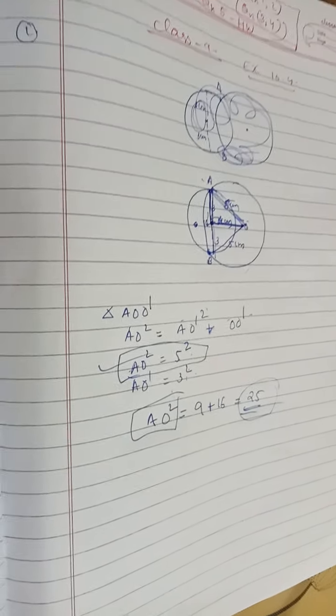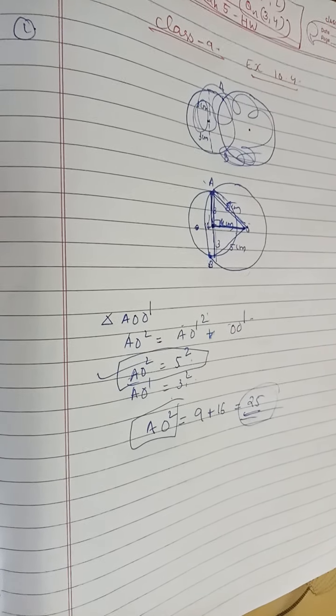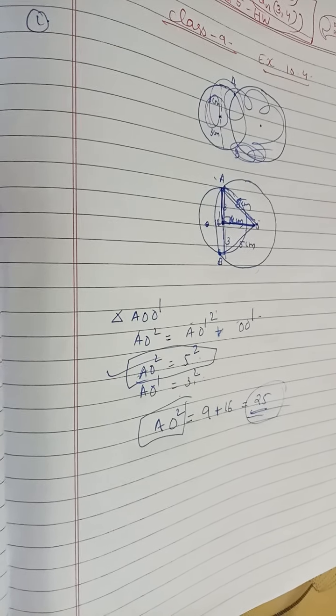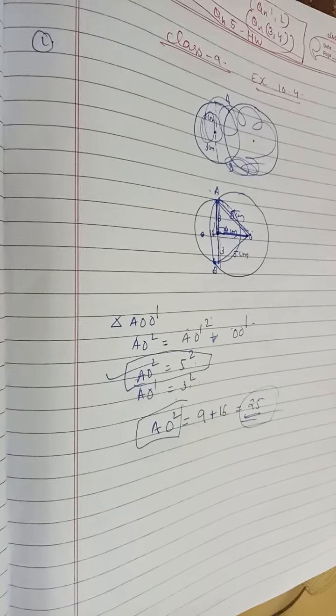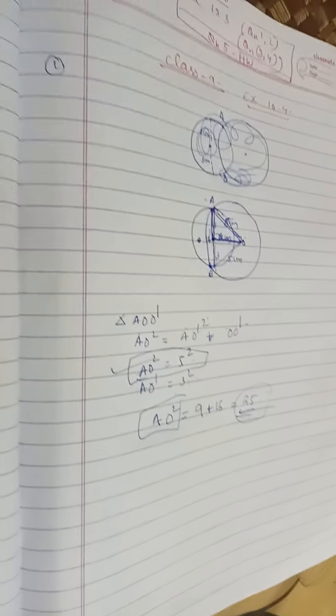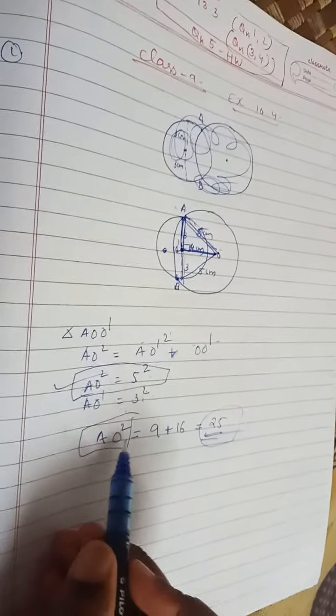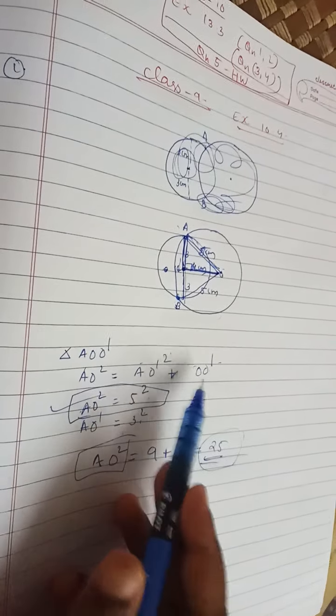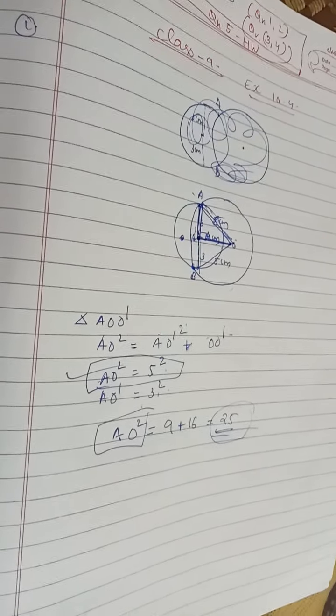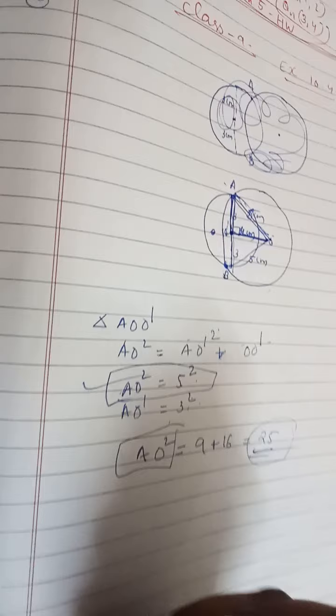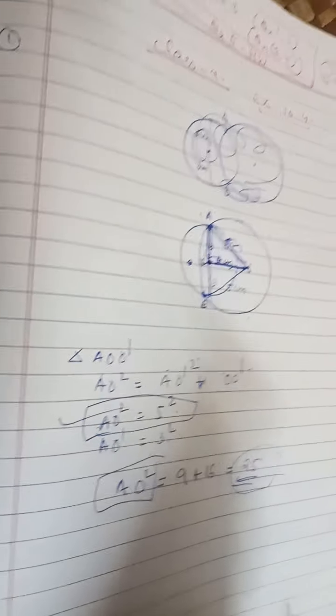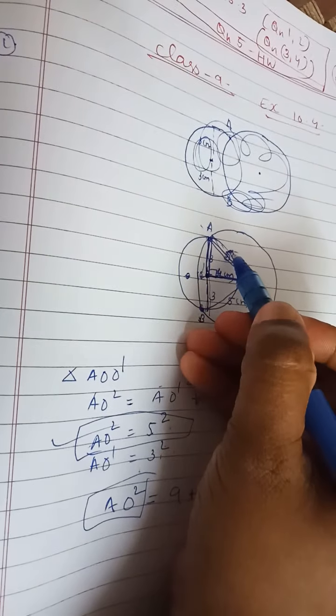So if we are taking the triangle AOO dash, AO is the hypotenuse, and AO dash and O dash O, we have all these three lengths. So we are checking the Pythagoras theorem. After that we get the sum of these two. We got it. So we can write that the Pythagoras theorem is satisfied. So by using the converse of Pythagoras theorem we can write, this is the highest length, correct?